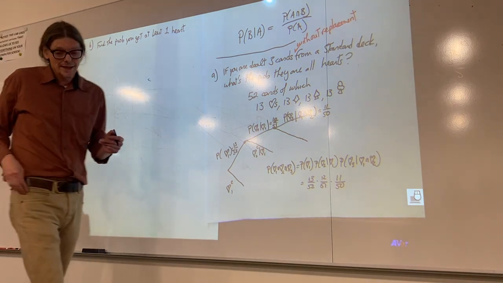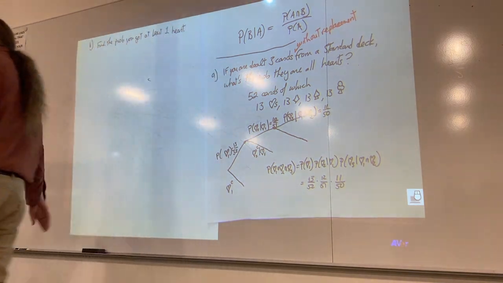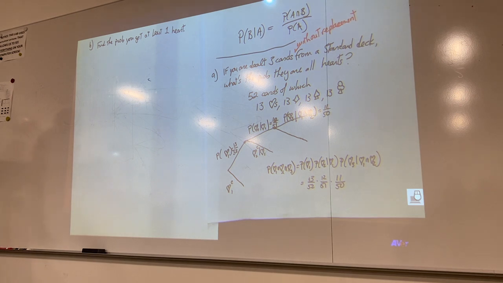And so, at least one heart. I'm going to write this out the long way, okay? And as you said, this is actually a good example because we're going to see more and more cases quite similar to this, right?